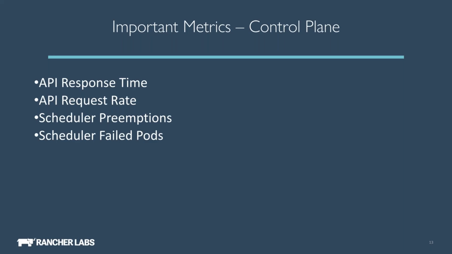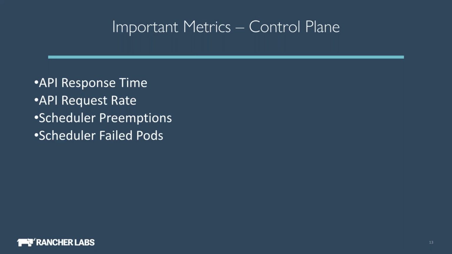Then the scheduler becomes really important. One metric is failed pods. There are lots of reasons that pods can fail: an unbound persistent volume claim, you've run out of resources, maybe the node is just non-responsive and Kubernetes hasn't realized it yet. But monitor scheduler failures over time, and any change in them. And also scheduler preemptions.